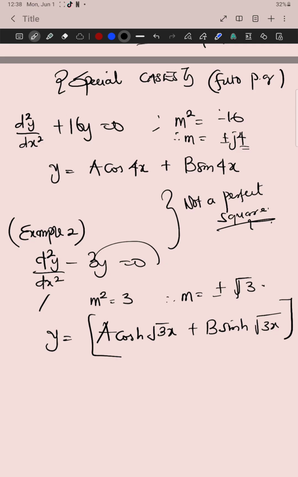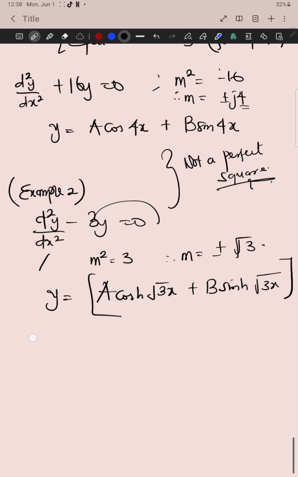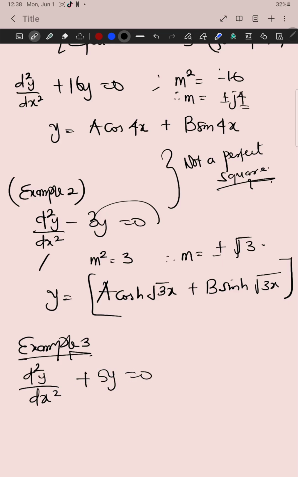So let's look at another example. Example 3. When we have d squared y over dx squared plus 5y is equal to 0.